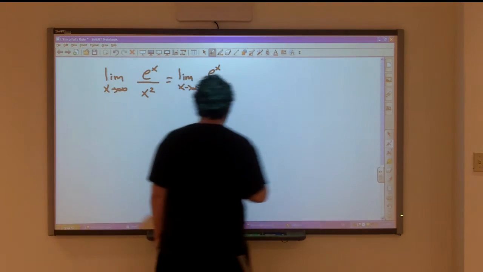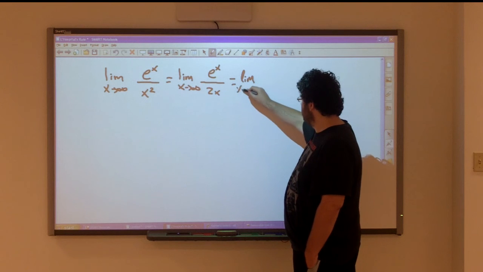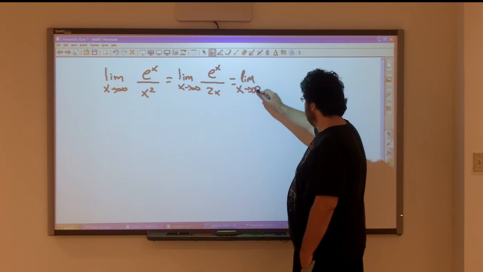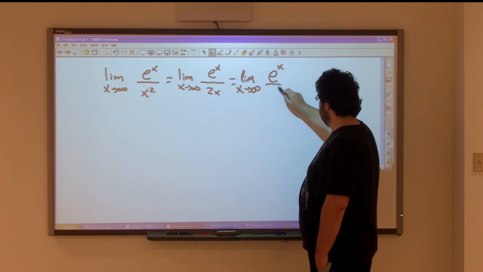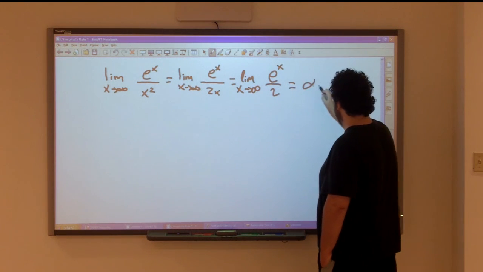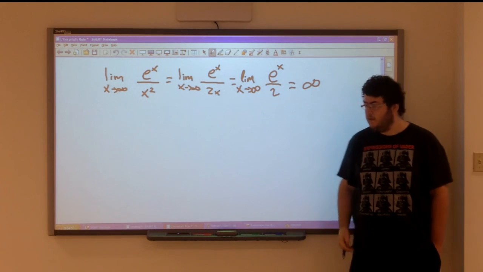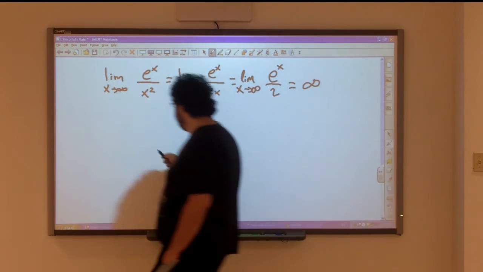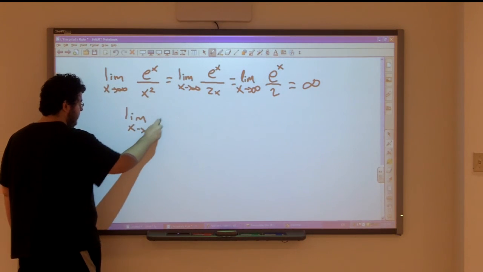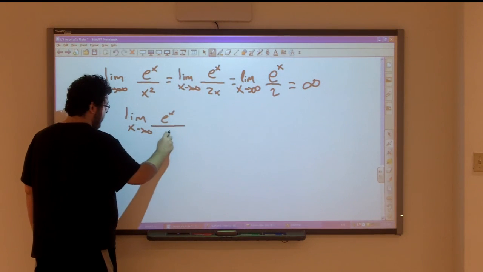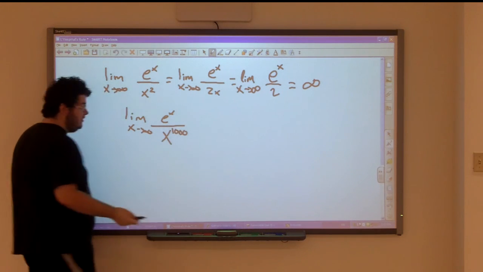So we still have infinity over infinity, so we use L'Hopital's rule again. Again, the derivative of e to the x is always e to the x over 2. So that goes to infinity, because now we have infinity over a finite number. But if you notice, even if we were to take the limit as x goes to infinity of e to the x over x to the 1,000, it wouldn't matter.